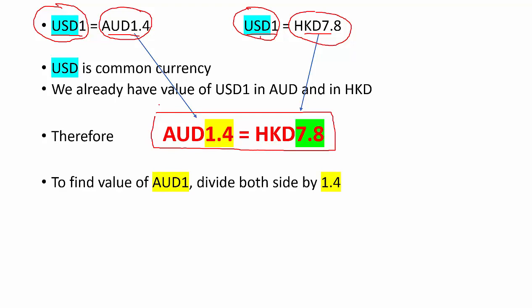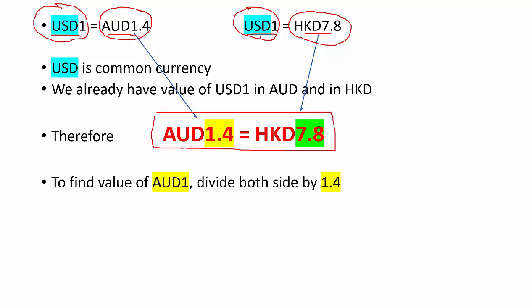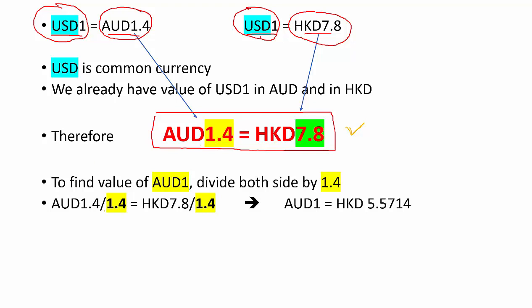Now, if you want to find the value of one Australia dollar, how can you do it? It's quite simple, right? Because in the math here is 1.4, we can simply divide both sides of this equation by 1.4. So let's do it. You divide both sides by 1.4.